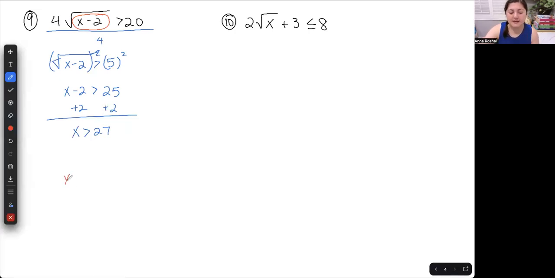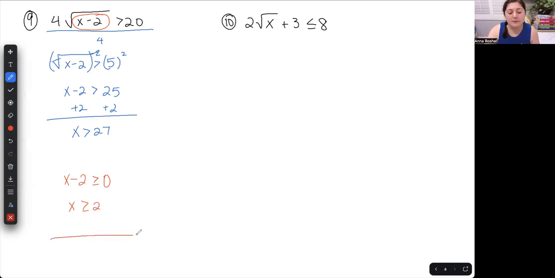So I'm going to take this, x minus 2, and make sure that's greater than or equal to 0. In this particular case, I know that x is going to be greater than or equal to positive 2 because I add 2 to both sides.